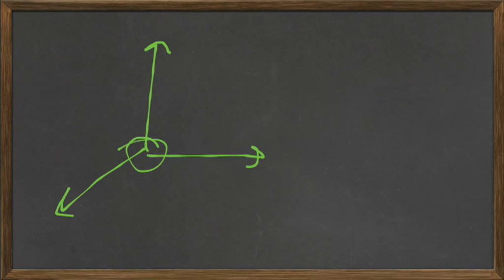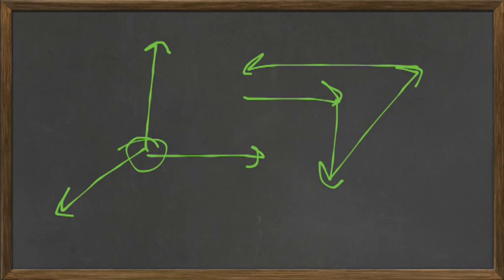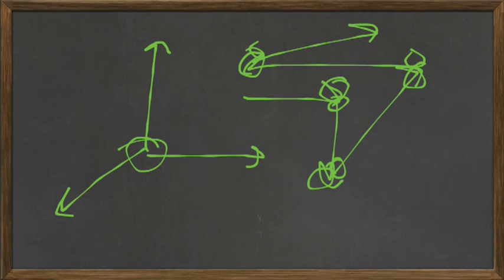I can't add them all tail to tail or tip to tip. So make sure if you have multiple vectors, however many there are, in any order, it doesn't matter, as long as you're always adding tip to tail, tip to tail, tip to tail, you're going to be fine.